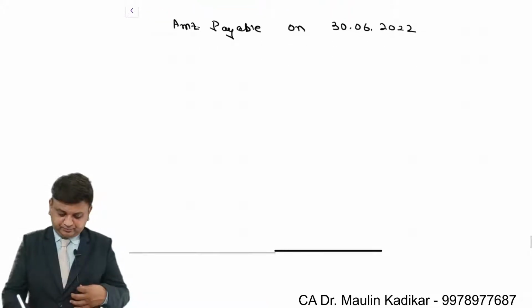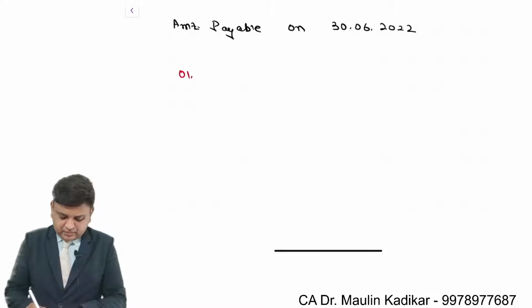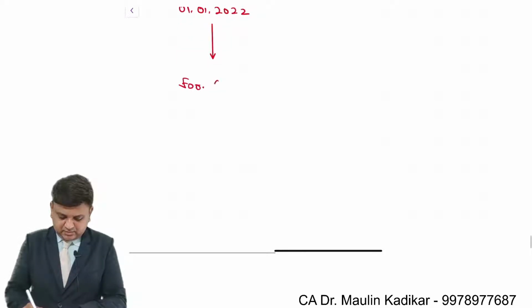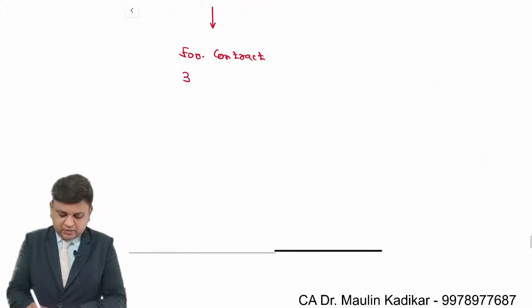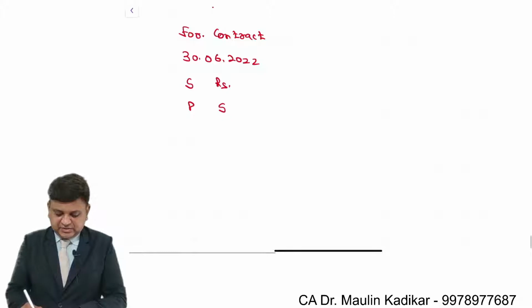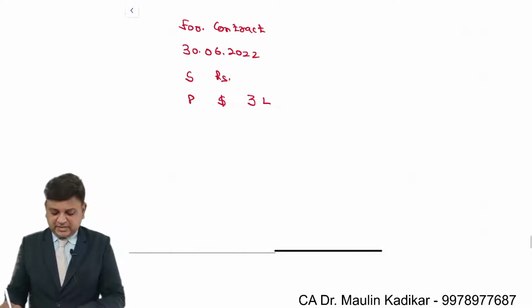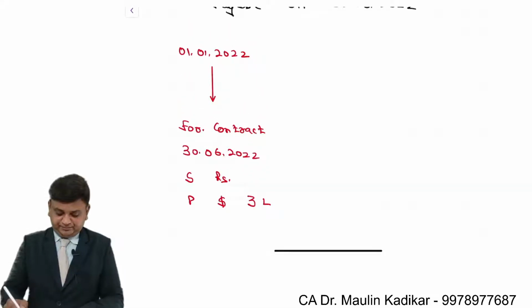On 1st of January 2022, forward contract for 30th of June 2022 for sell of rupees and purchase of dollar, that is an amount of 3 lakhs dollar.